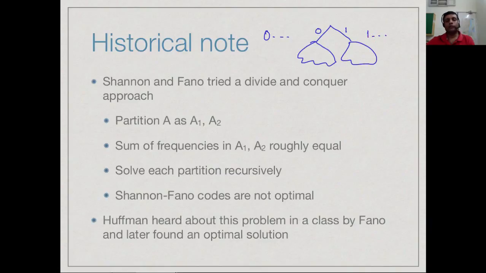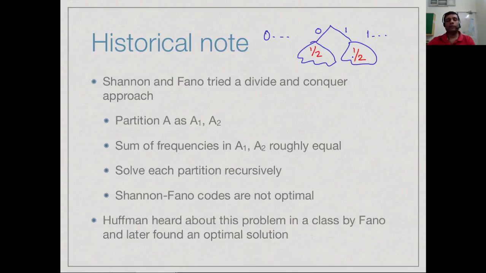So it seemed intuitive to them that a divide and conquer strategy is good. What if I put letters on this side such that they occupy roughly half the frequency weight of the total alphabet? That is, if I take the frequencies of all the letters whose encoding starts with 0, their frequencies add up to roughly half, and the other side also to half.